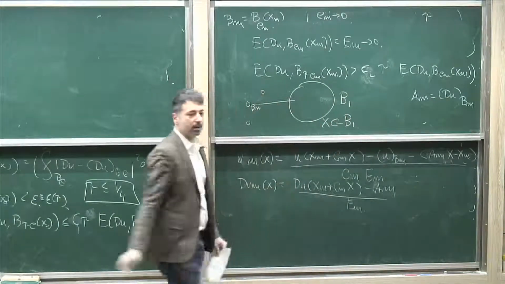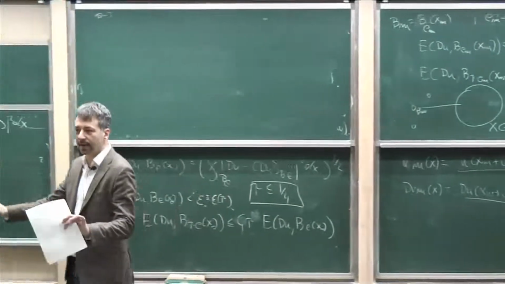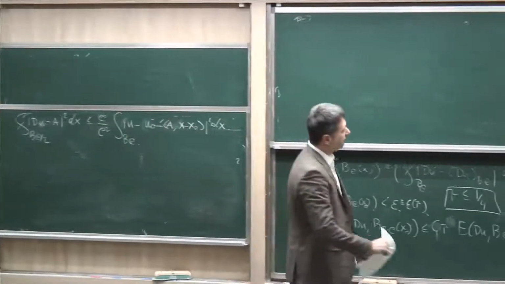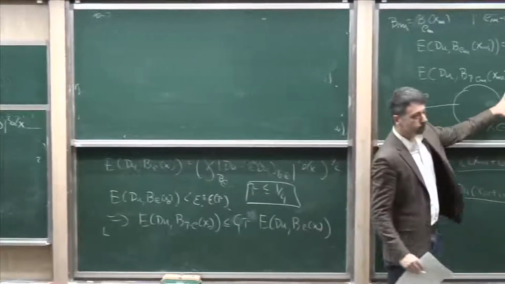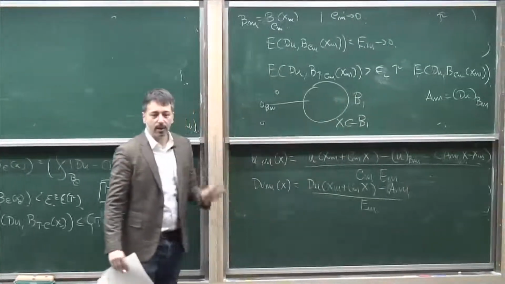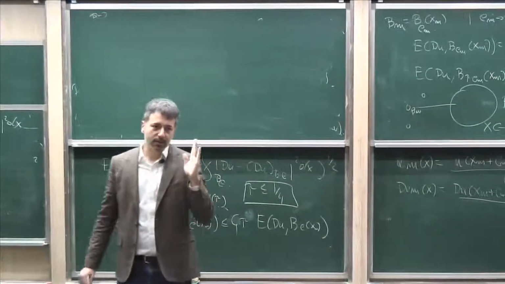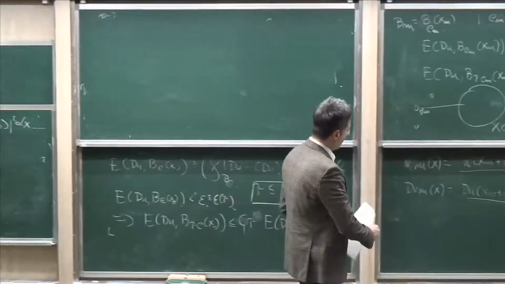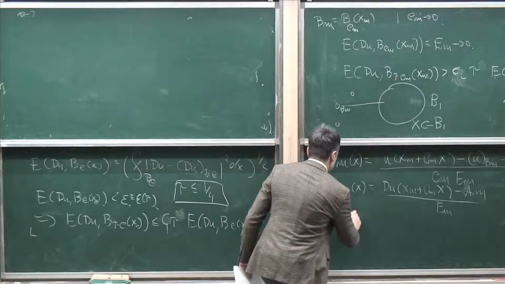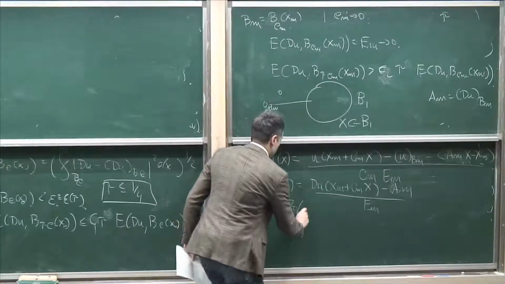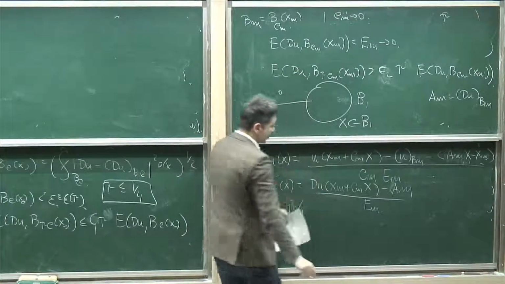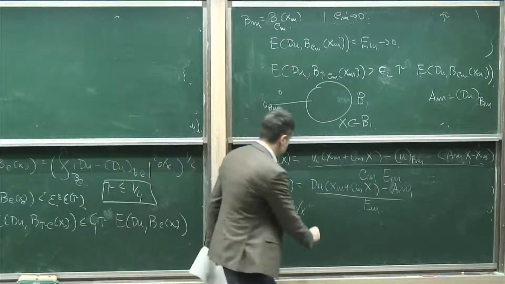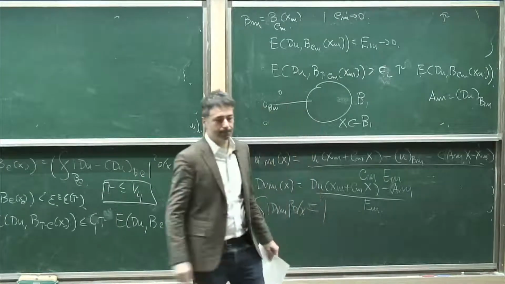So you have a sequence of functions which are uniformly defined in B1. So what is the L2 norm of this guy? Well, the L2 norm, it's essentially the x's over the x's. So the L2 norm of this guy is 1.